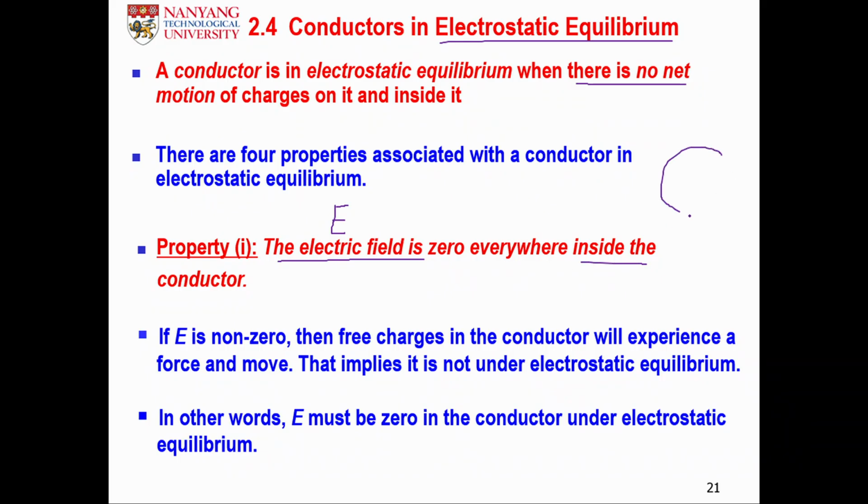Meaning, let's say this is a conductor and it tells you this conductor is in electrostatic equilibrium condition, immediately you can tell E at this point, this point, this point, any point inside the conductor is zero. And the reason for this is like this.